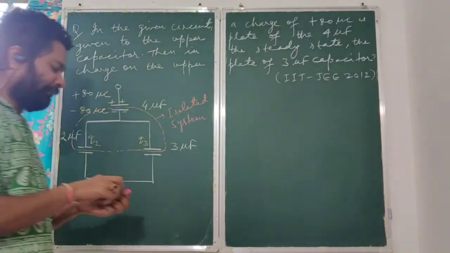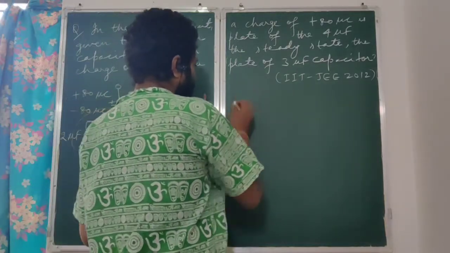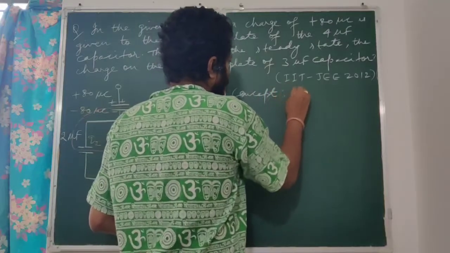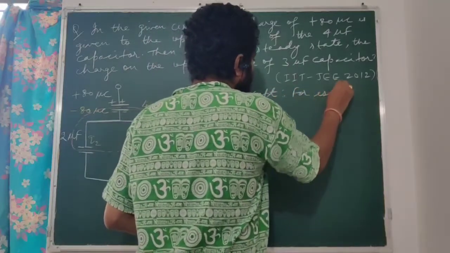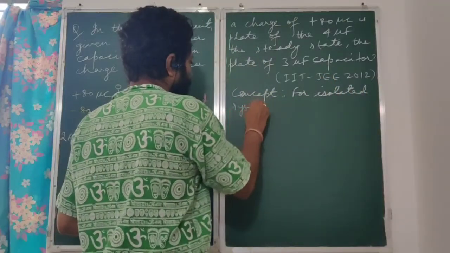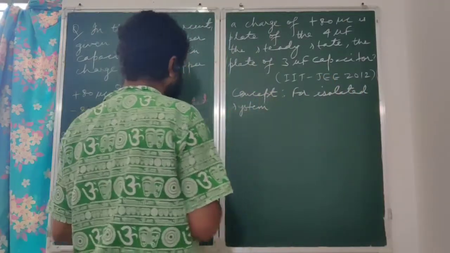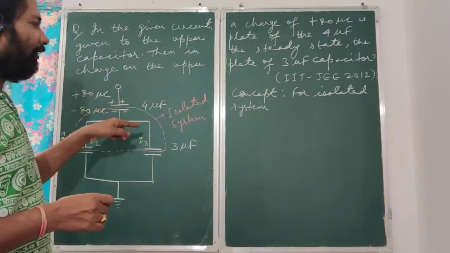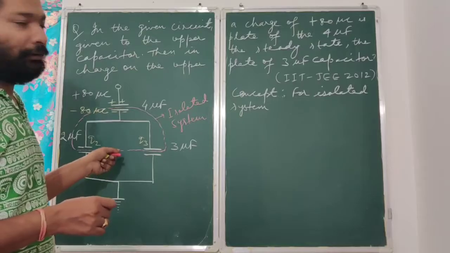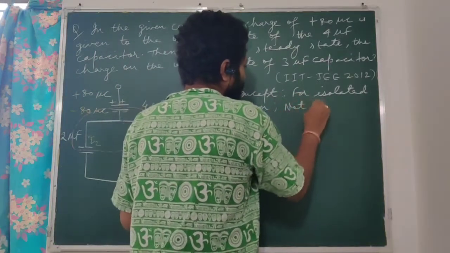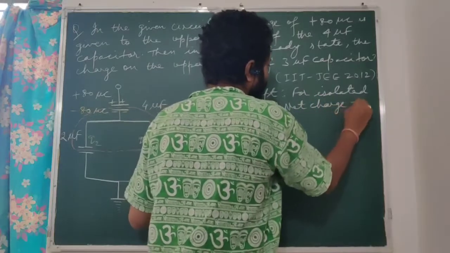For an isolated system, the net charge is always conserved. Initially the net charge was 0, so for an isolated system, the net charge is always 0.